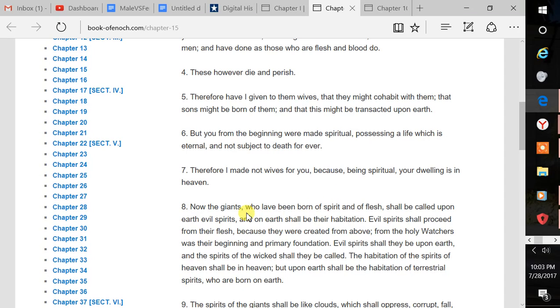Now let's keep reading. It says, now the giants who have been born. So when this happened, okay, the offspring of this union between spiritual beings and physical beings were giant men. Now, why am I laying all this foundation for you? I'm laying this foundation for you to understand that way back, man was not of the stature that we see today.